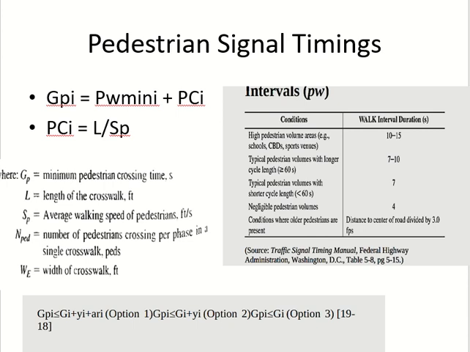If, for example, I need 10 seconds to cross, and the signal for the vehicles is exactly 10 seconds, no problem. 10 seconds is enough for me to cross.